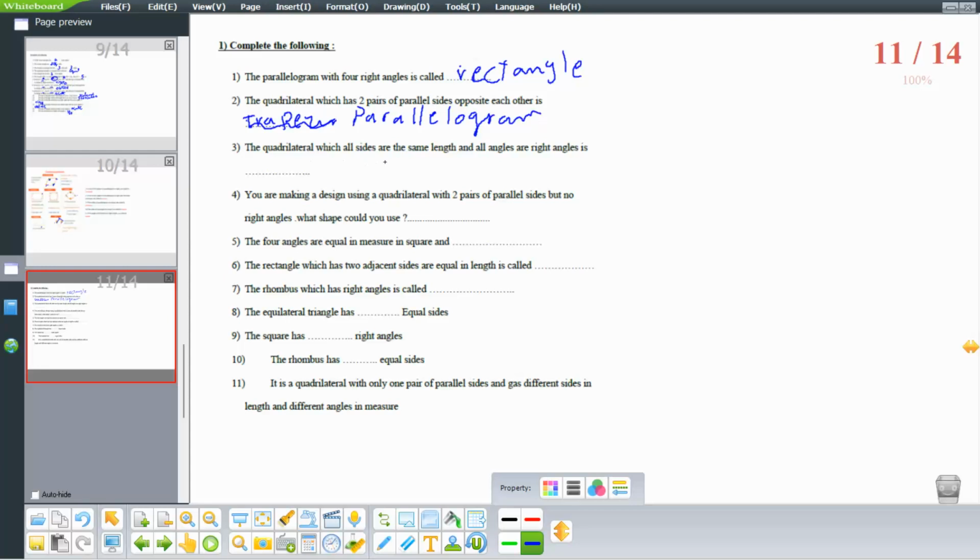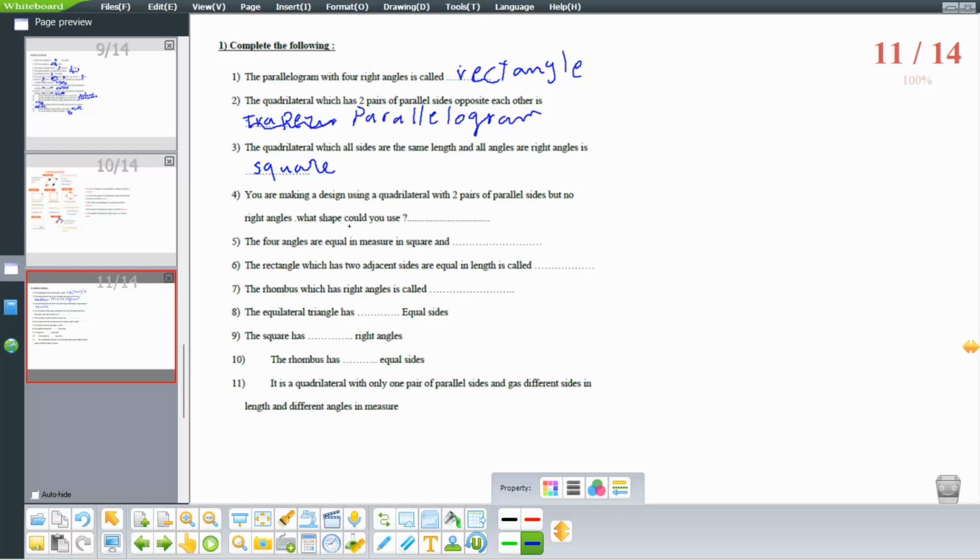The quadrilateral which has all sides the same length and all angles are right angles. Who has all sides equal and all angles right? Yes, square. You are making a design using a quadrilateral with 2 pairs of parallel sides but no right angles.